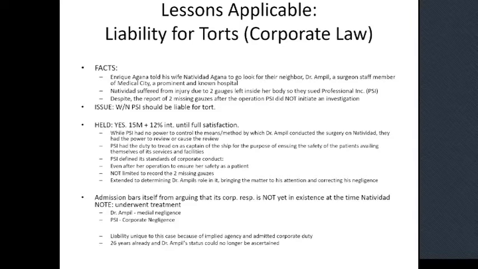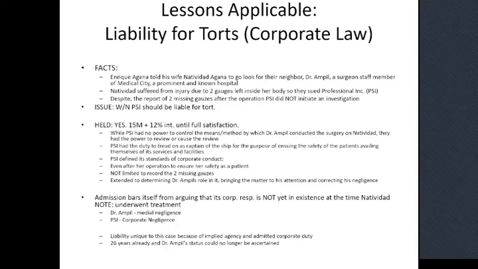And also, PSI defined its standards of corporate conduct. Even after her operation, to ensure her safety as a patient, they still had a responsibility to ensure that the patient was safe. So it was not just limited to recording. The responsibility of the hospital was not just limited to recording and documenting that there were two missing gauzes that were not located during the surgery.